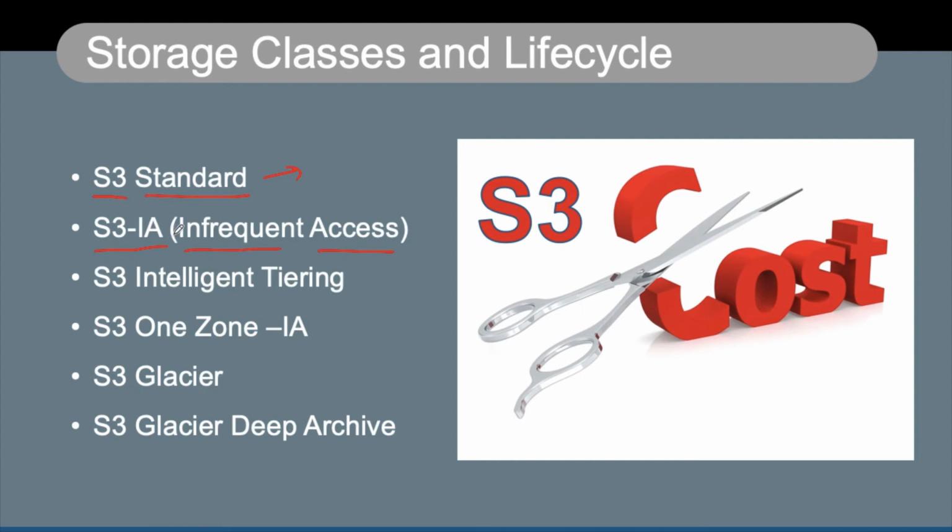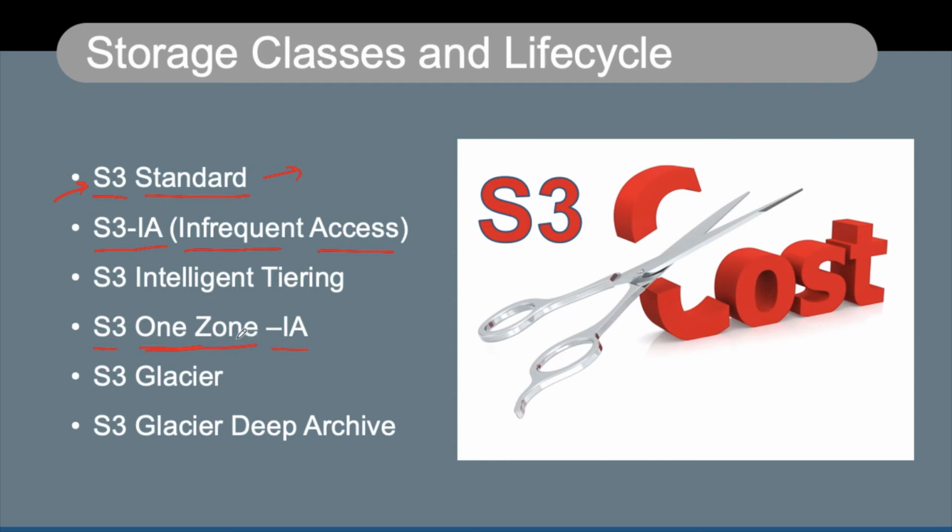However, if you really don't need this particular availability and durability, you can always go with S3 One Zone IA. Typically, your S3 data is stored in multiple availability zones. If you really don't need that much durability, you can always go with one zone and reduce the cost further.